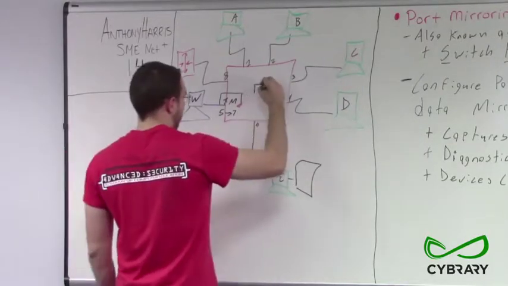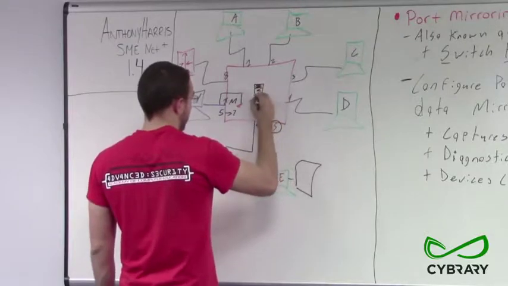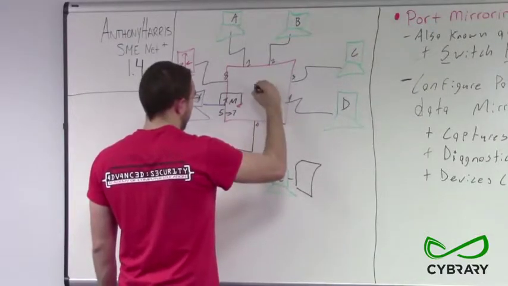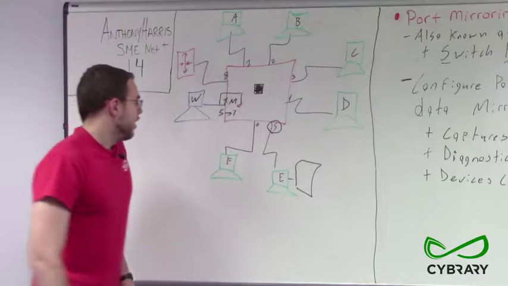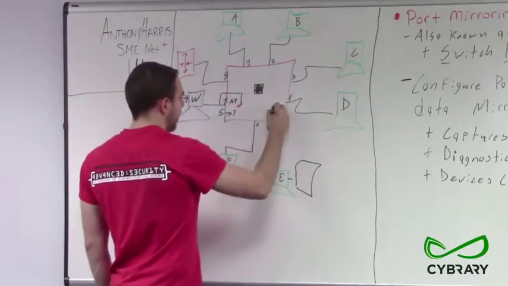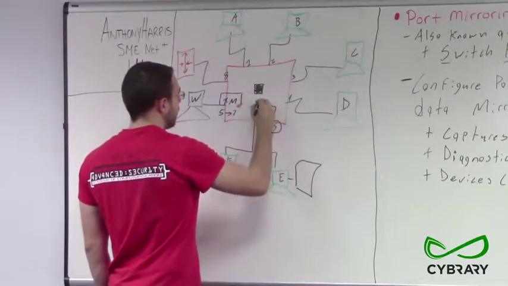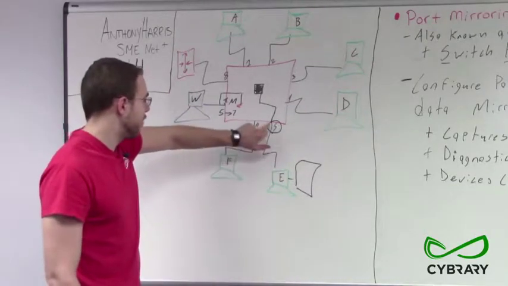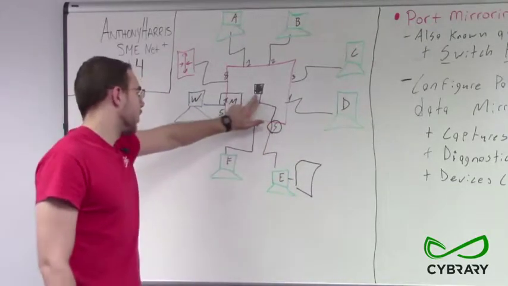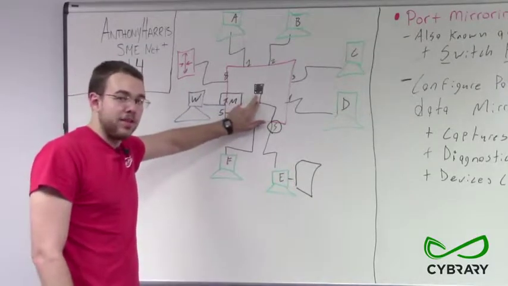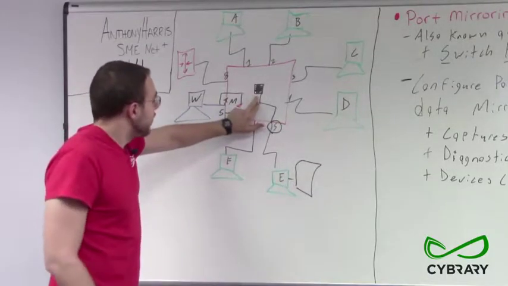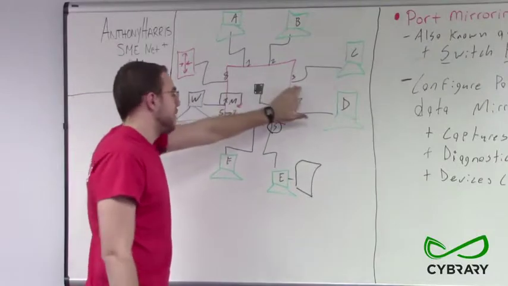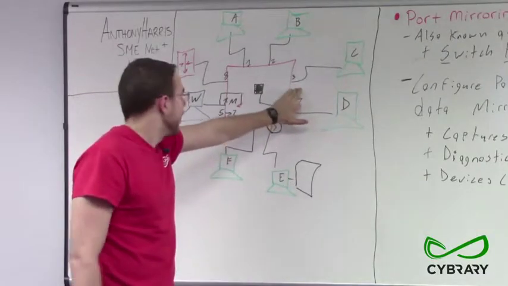So we have our little router control chip here that's going to direct data where it needs to go. And our server is going to send a packet to go to computer C. So it's going to send the data to its port, and then our switch brain is going to say, okay, I need to send this packet to computer C because that's where its destination is.